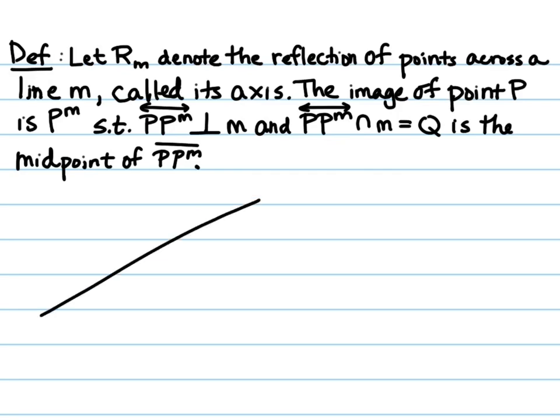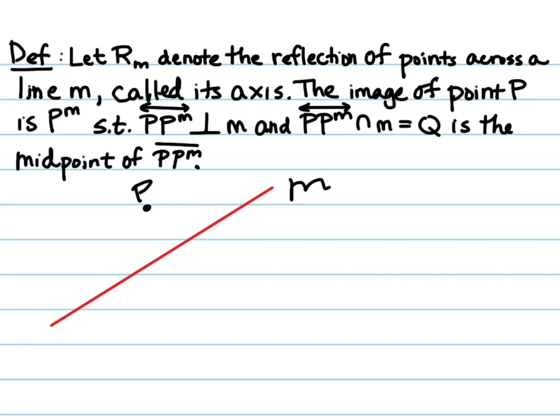So visually speaking, here's line M. And let's say that right here is point P. So the reflection across the line would create a line perpendicular to M. It intersects at what point we're calling Q, and this distance is equal to this distance. That's what a reflection is.